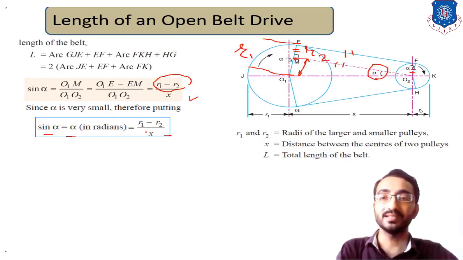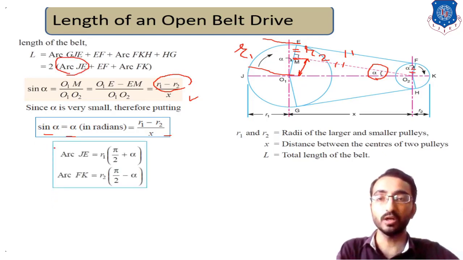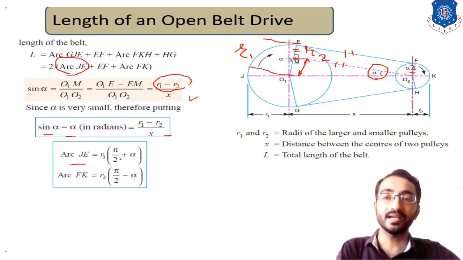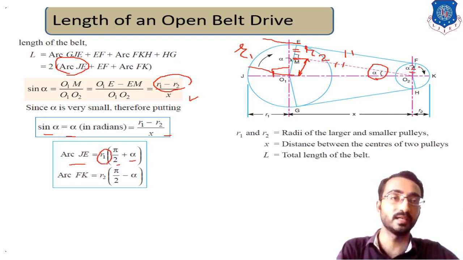Now if you want to calculate arc JE, we have the simple equation: arc is equal to angle into radius. So for arc JE the angle is pi by 2, or 90 degrees, plus alpha, into your radius R1. Similarly for arc FK, on the counter side, again the angle will be alpha.